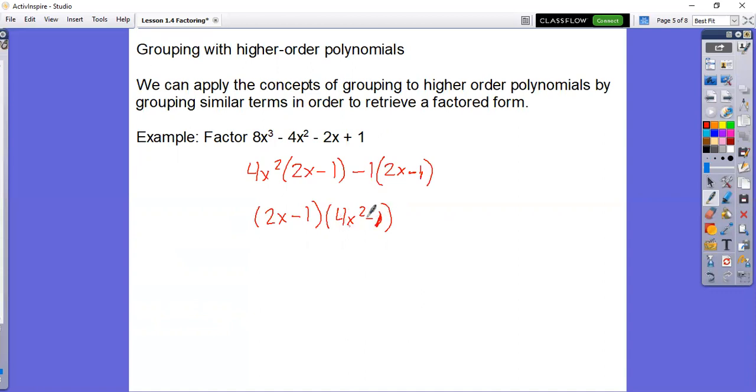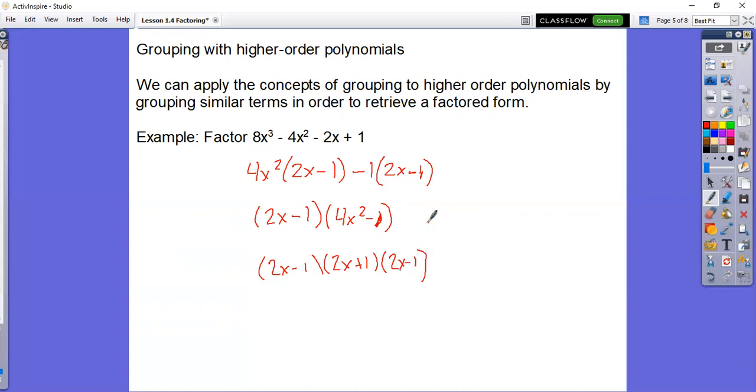Now, if I know my factoring rules, and there are a few special factoring rules that I can use, I notice that this is called the difference of squares because I have a term squared minus another term squared. So I can rewrite that: the square root of 4x squared is 2x, and the square root of 1 is 1. So this is 2x plus 1 times 2x minus 1. That is a factoring rule called the difference of squares.